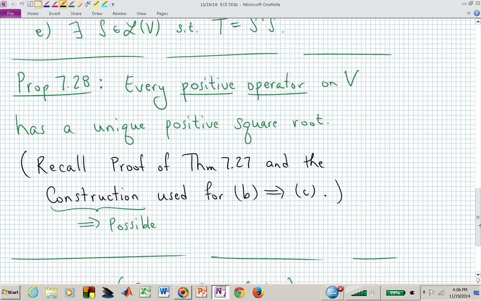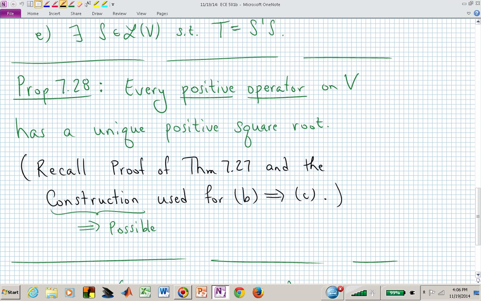That's Theorem 7.27. We finished up last time with Proposition 7.28, which says that if you have a positive operator, which means it's self-adjoint and it enjoys this inner product characteristic, then you can get a unique positive square root for that positive operator.